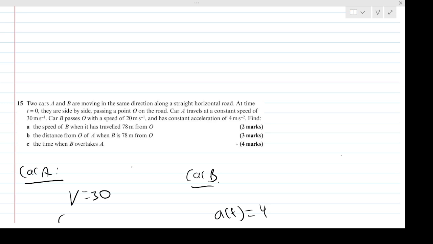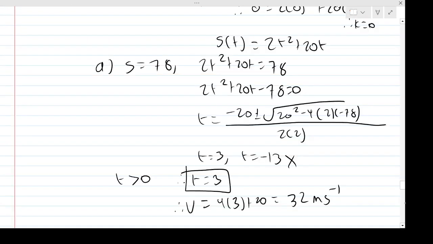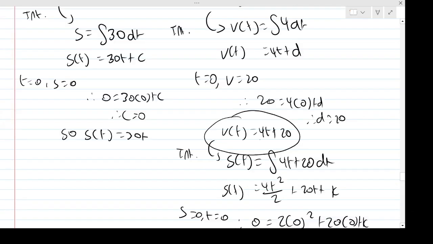And there we are. And then for part B, it's asking me to work out the distance from the starting point O of car A, when B is at this distance. So it's going to be at the same point in time, right? So the same point in time is when t is 3. But I want to find the distance of A. But I know the distance formula for A is 30t here.